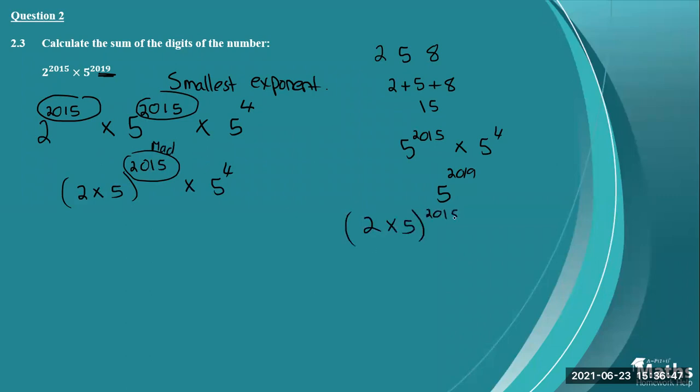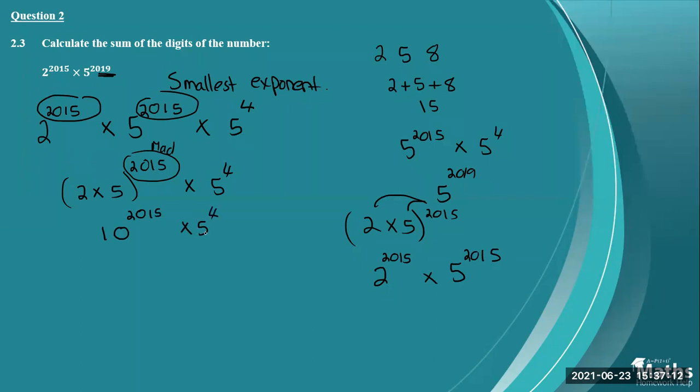Working backwards, you can just multiply each exponent. You see, you just multiply each one. Okay, so now this would be 2 times 5 is 10 to the power of 2015 times 5 to the power 4.